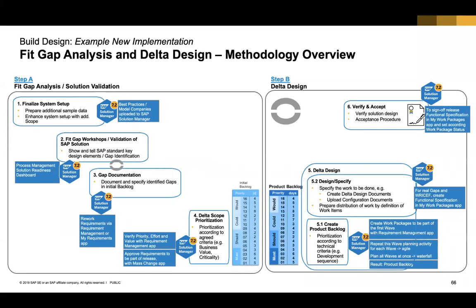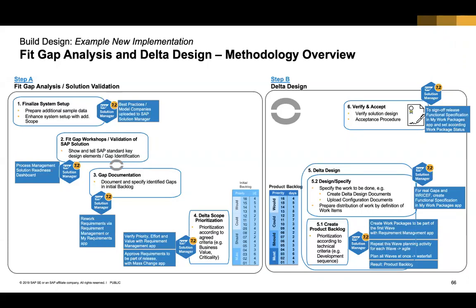I would like to go back to the complex picture that we saw on day one, where we talked about how Activate covers fit-gap analysis and delta design. For work packages and work items, once you have a requirements backlog, the delta design part is where you create the work packages and work items. You look at a bunch of requirements and decide how you want to realize them.